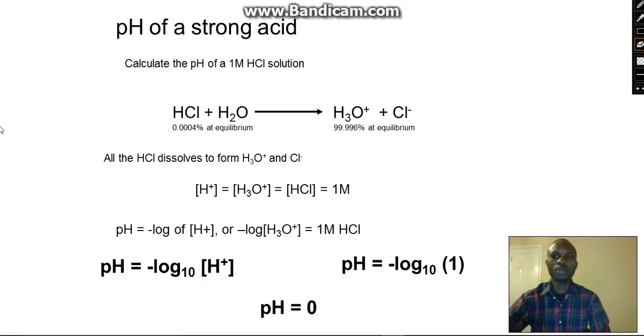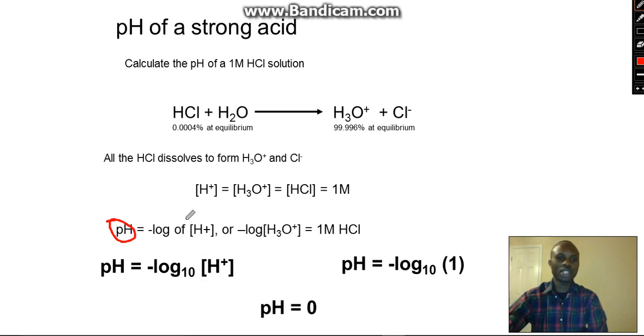And for the calculation of pH of a solution, you just take the negative logarithm of the concentration of hydrogen ion, or the negative logarithm of the concentration of the hydronium ion.